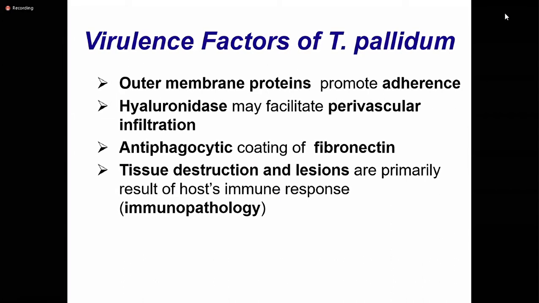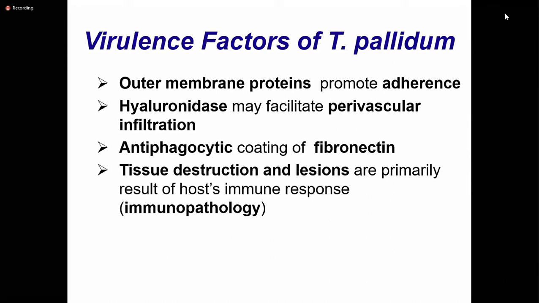What I'd like you to know at this stage is the virulence factors, as we discussed with other microorganisms. So you know the genus, the species, and then the pathogenicity. What makes these bacteria pathogenic? They have an outer membrane that can promote adherence. They have hyaluronidase, and I'm sure you heard about the hyaluronidase enzyme in different microorganisms; it facilitates penetration.